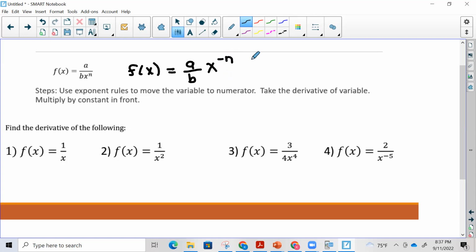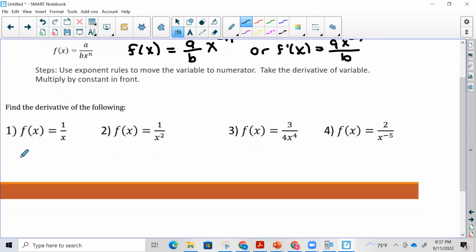That's an exponent rule from pre-calculus. And you can also write it as f prime of x equals a x to the negative n over b. Either way is fine, but a over b is just the coefficient in front, and then it becomes x to the negative n.